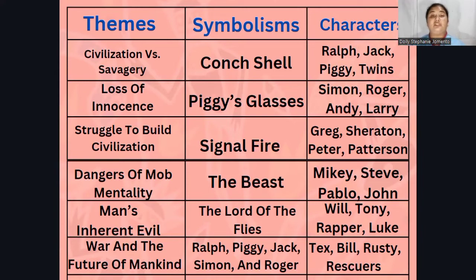When Jack's hunters raid Ralph's camp and steal the glasses, the savages effectively take the power to make fire, leaving Ralph's group helpless. The signal fire thus functions as a kind of measurement of the strength of the civilized instinct remaining on the island. Ironically, at the end of the novel, a fire finally summons a ship to the island, but not the signal fire.